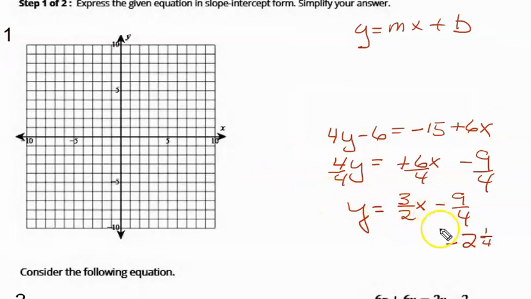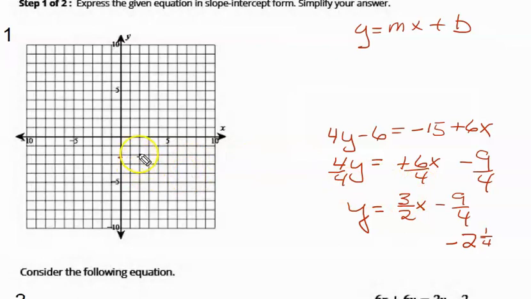So the first thing we want to do is plot our y-intercept here, which is a negative 2 1/4, right about there. And then now our slope is 3 over 2, so we go over 2, which is right there.